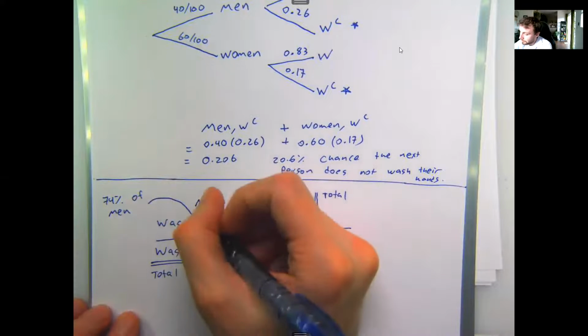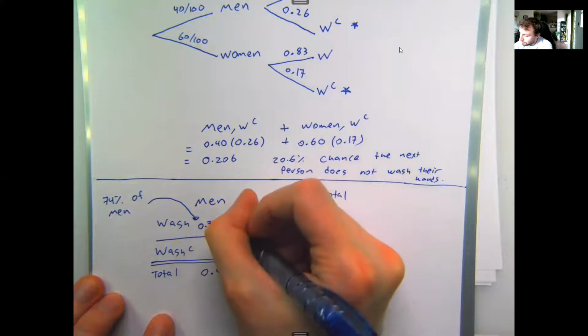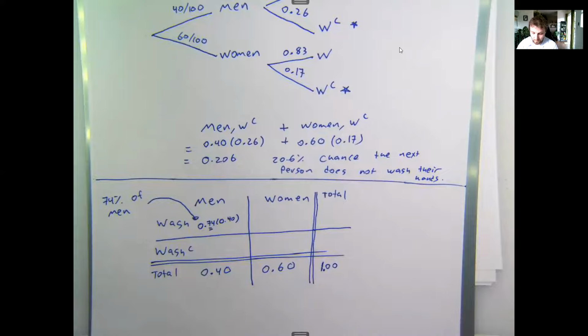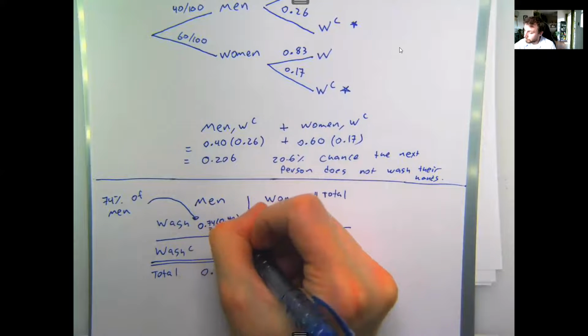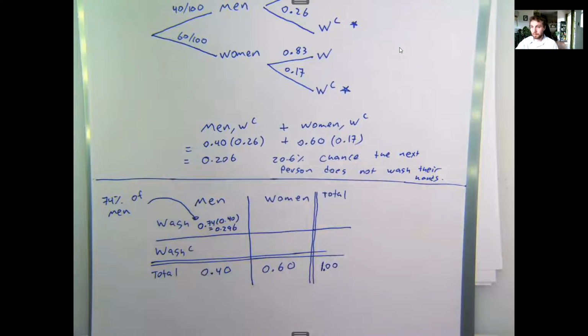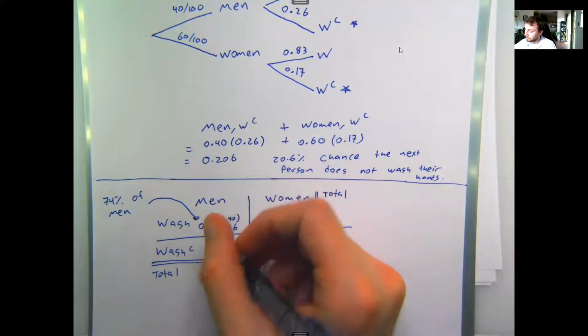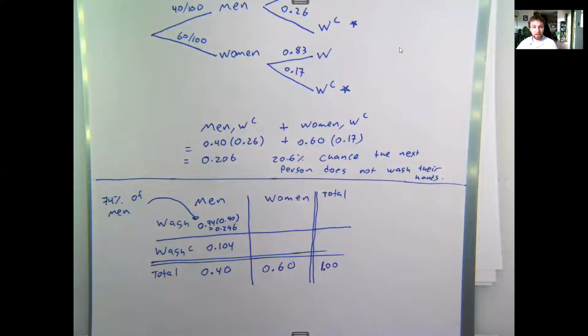So this is not going to be 0.74, it's 0.74 of the 40. 74% of the men. So 29.6% in this total area would be men that wash their hands. Doing the subtraction here, this means that 10.4% of this entire area are men who do not wash their hands.